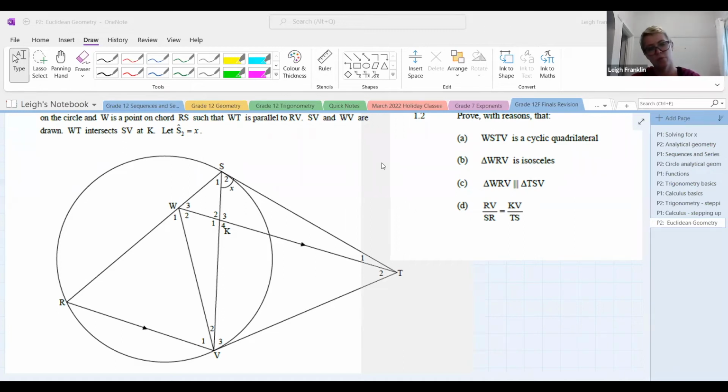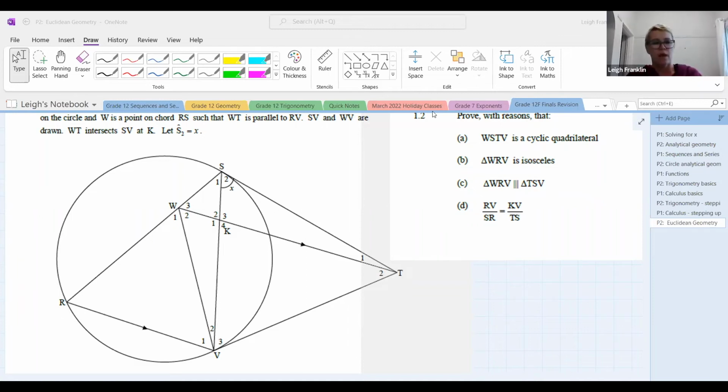What sort of angles? Absolutely, our fun angles. So corresponding, alternate, and maybe even co-interior. Yes, absolutely. And what are we not going to forget to do? Name our parallel lines if we use any of the fun angles.